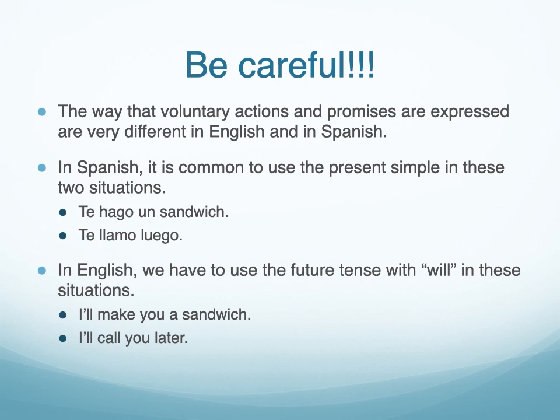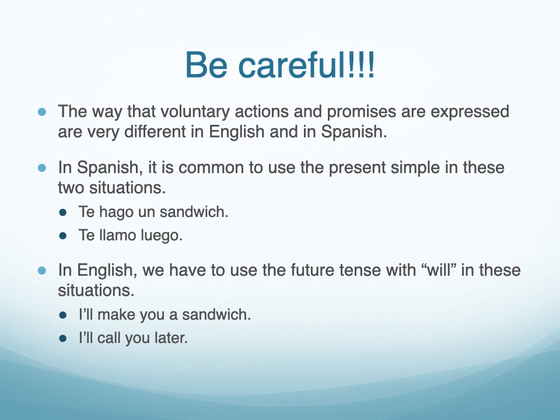So we would not say, "I make you a sandwich," like in Spanish. We would say, "I will" or "I'll make you a sandwich," using the future tense. Even though we're talking about something that's about to happen in the present, we still use the future. Same thing with the promise. We don't say, "I call you later." We would say, "I will call you later," or "I'll call you later."